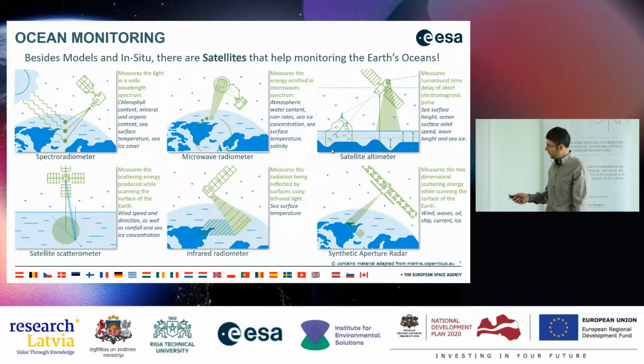And of course, the last one is SAR. You should know by the end of this course what it measures. It measures the backscatter from the observed scene, and we will now see for which applications it is used in the maritime domain.